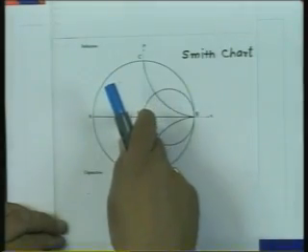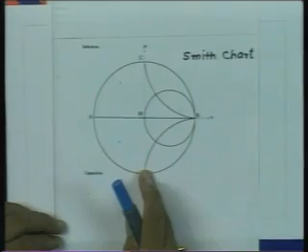Essentially, now we have created a graphical tool where impedances are represented on the complex gamma plane, and without going back to the impedance plane, I can from these two sets of circles directly mark the impedances on the complex gamma plane, or on the Smith chart.